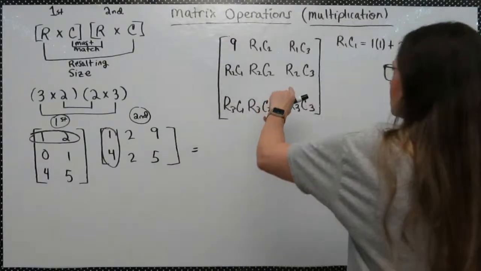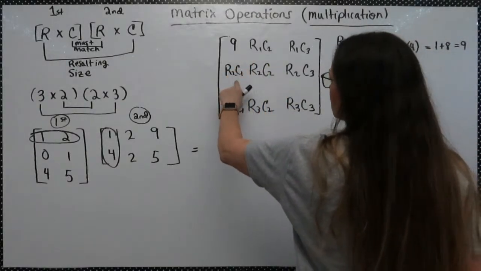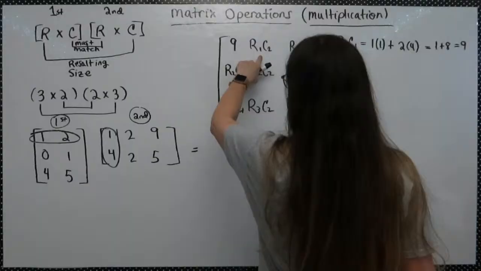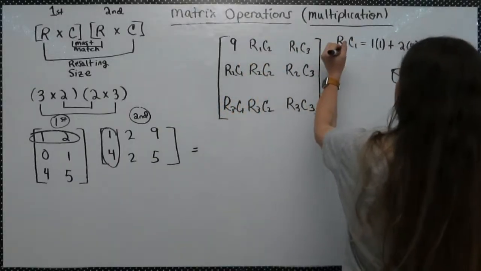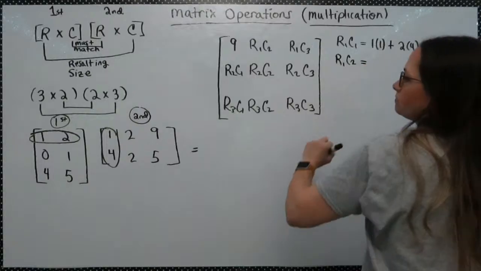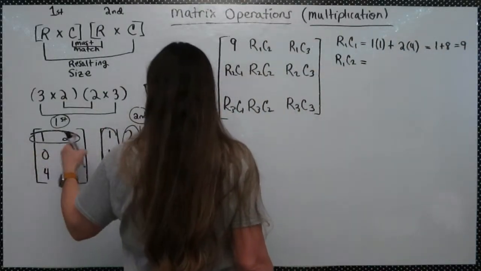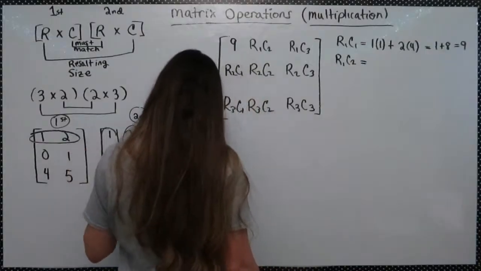And then we'll calculate, let's see, let's do all of row 1. So we'll go ahead and do row 1, column 2. So it's 1 times 2 plus 2 times 2.